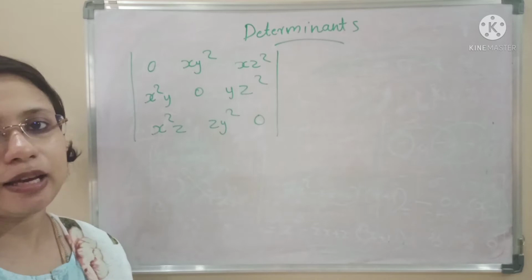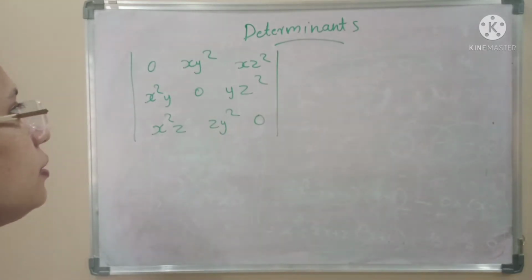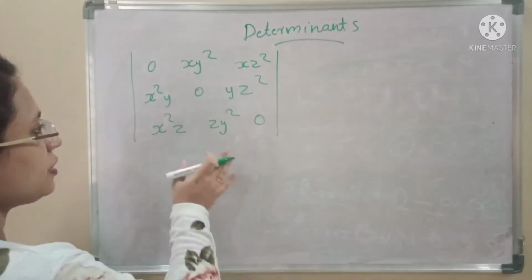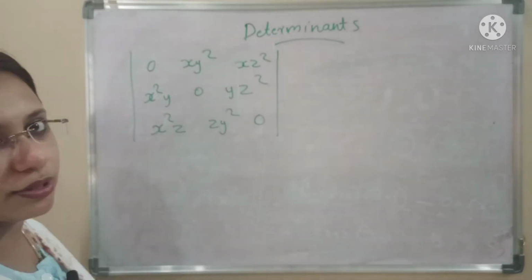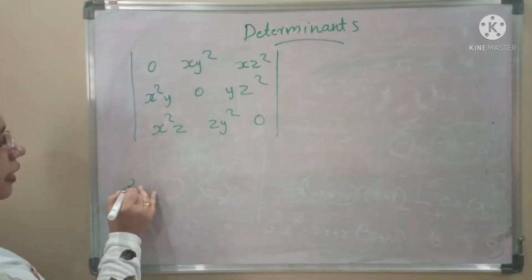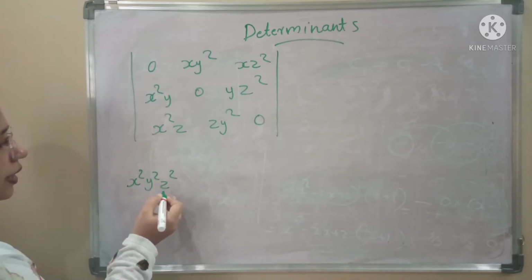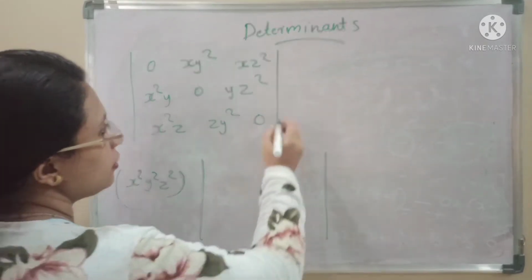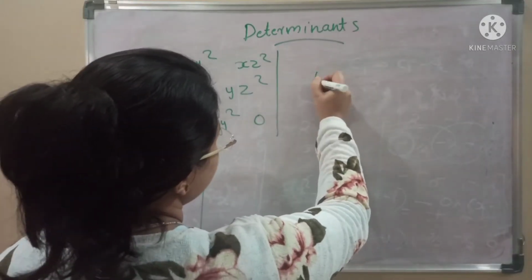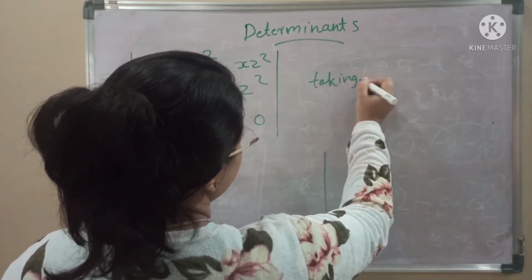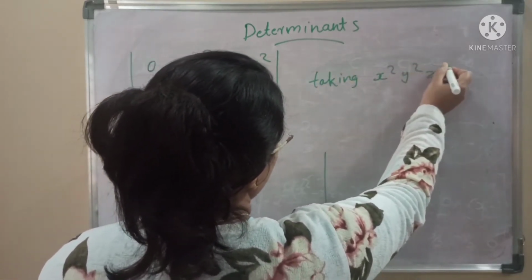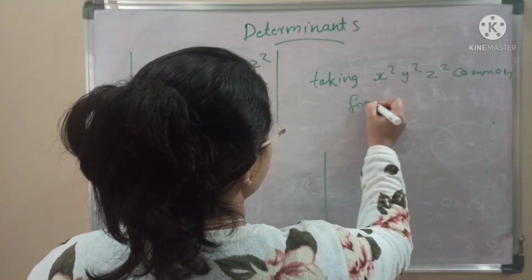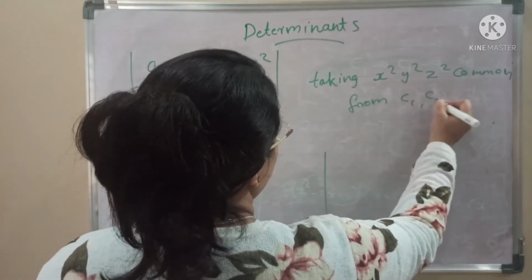This is a 3-dimensional determinant. First of all, we can remove all the complexities. If you look at this determinant, we have some square terms, so we can take x square, y square and z square as common from the determinant, right? You need to mention here: taking x square, y square, z square common from C1, C2 and C3.